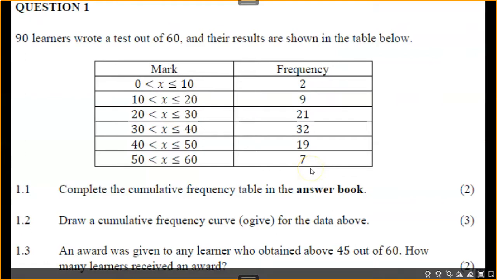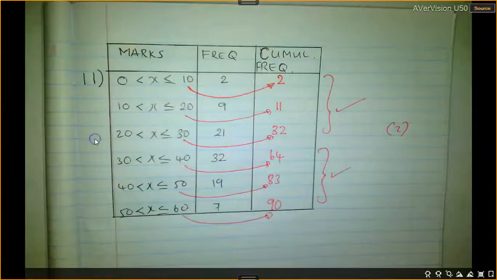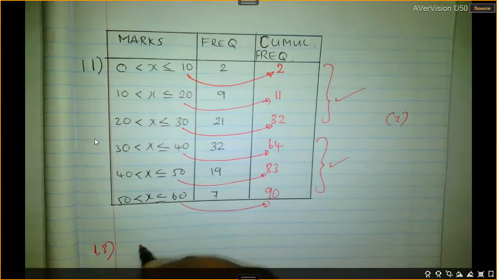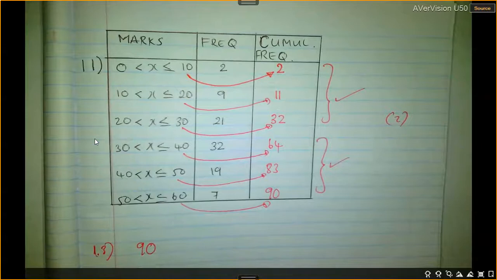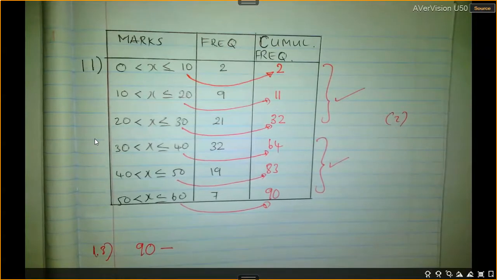An award was given to any learner who obtained above 45 out of 60. How many learners received an award? So now, to find that solution, we need to look at what we have. So we know that 90 learners is the total. So we need to subtract the learners that achieved 45 and below.